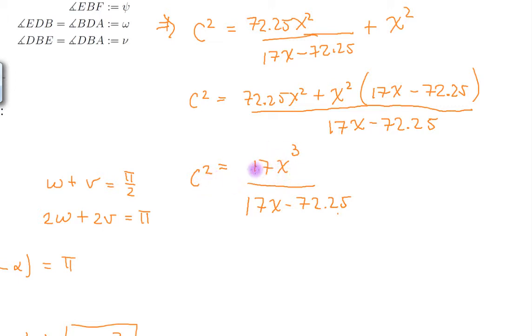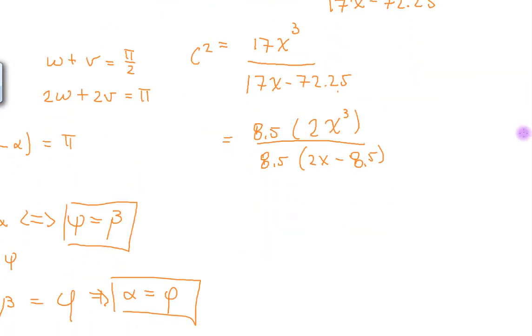Now, if we factorize 8.5 out of everything, what do we have? We have 8.5 times 2x cubed divided by 8.5 times 2x minus 8.5. They cancel out, and we are left with 2x cubed divided by 2x minus 8.5.